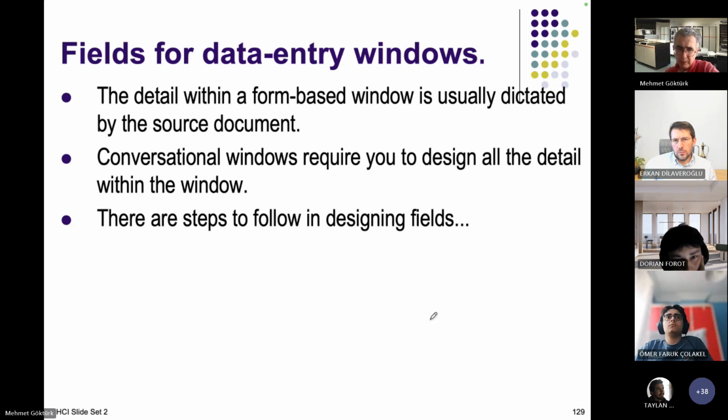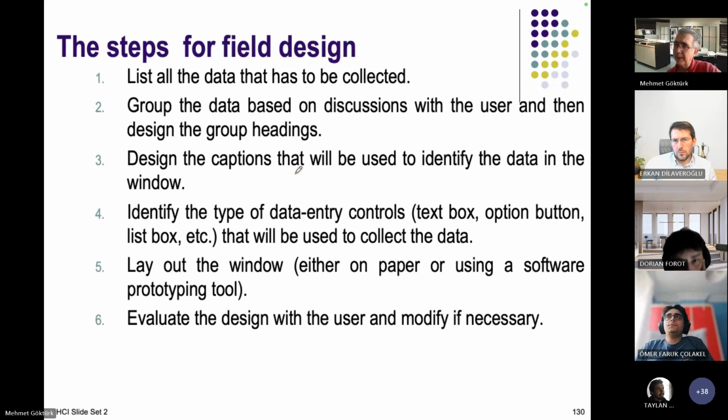When doing conversational windows, more careful design is required because there is no paper document. It is like talking. List the data that needs to be collected, estimate the discussions, design the captions, identify what kind of input element will be used, then design the window on paper.